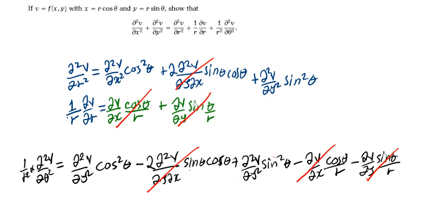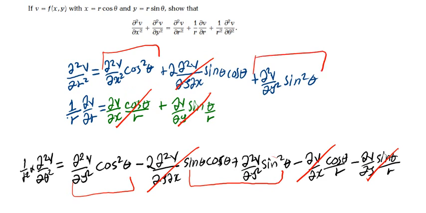So we're just going to remain with this portion here and that portion there, as well as this part and this part here. Let's see how this breaks down if we add these terms that I've highlighted.